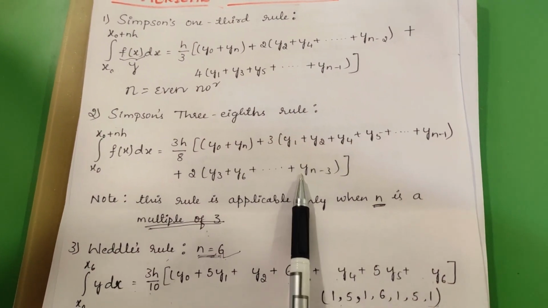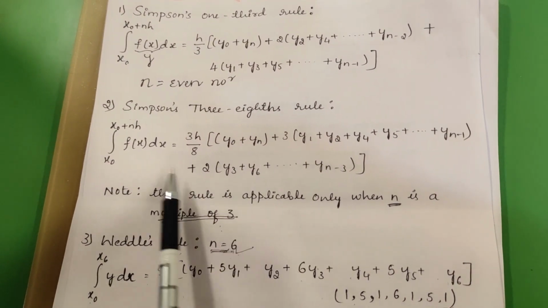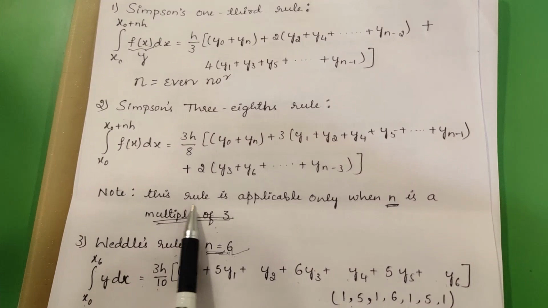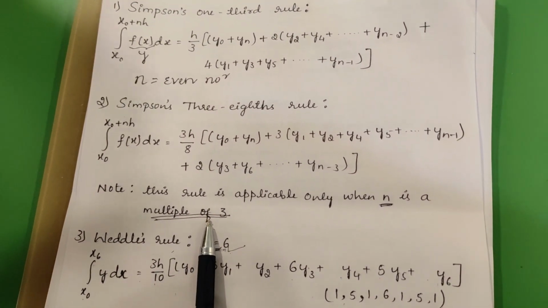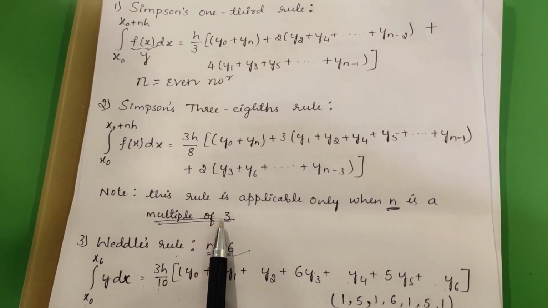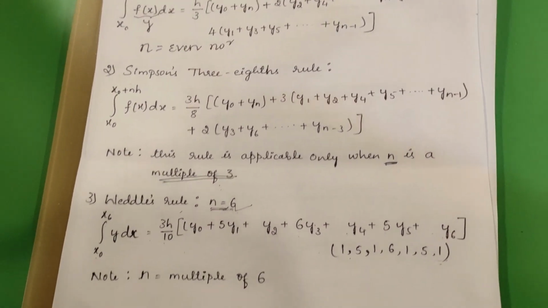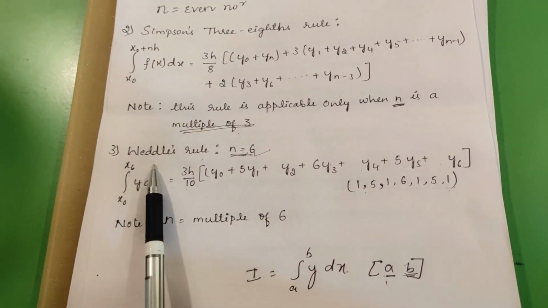Like this we should make the groups. Simpson's 3/8 rule is applicable when n is a multiple of 3, like 3, 6 or 9.